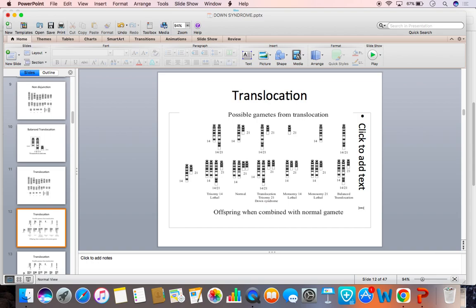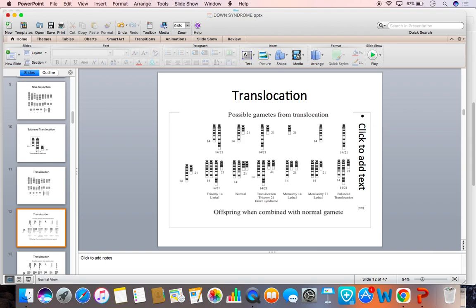That is one cell with one copy of chromosome 14 and one copy of the translocated 14 chromosome, that is 14 plus 21. One cell will have the 14 plus 21, that is normal.